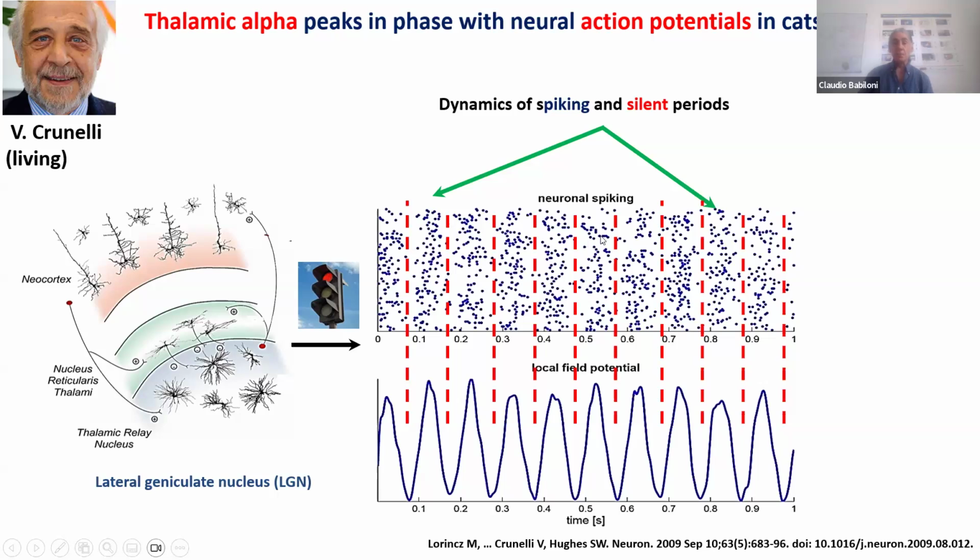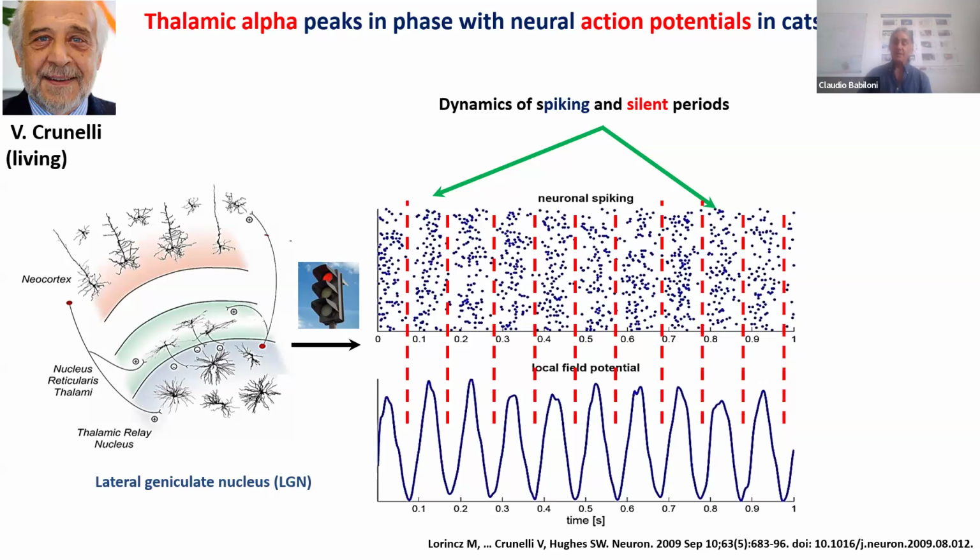And this demonstrates that there is a strict relation between the time curves of the alpha oscillations in the cerebral cortex and thalamus and some short periods of high frequency of spiking of the neurons.